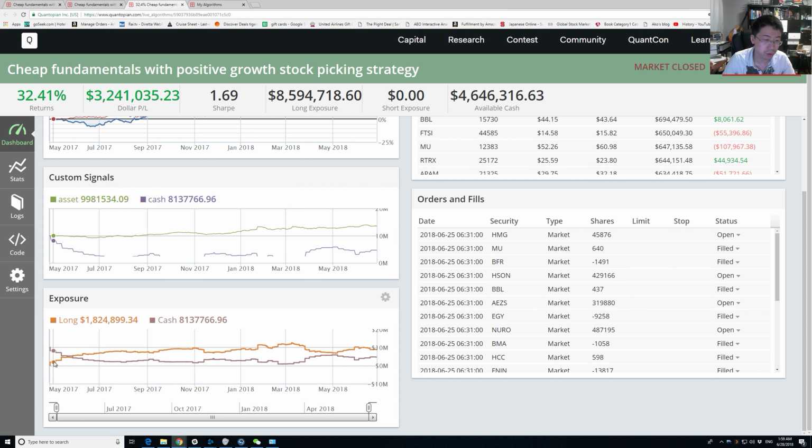You can see the exposure. Long was 0, and then kind of goes to 7 million. So the biggest it ever got is 9 million, and I mean later there's more money, right? Because there's some gain.